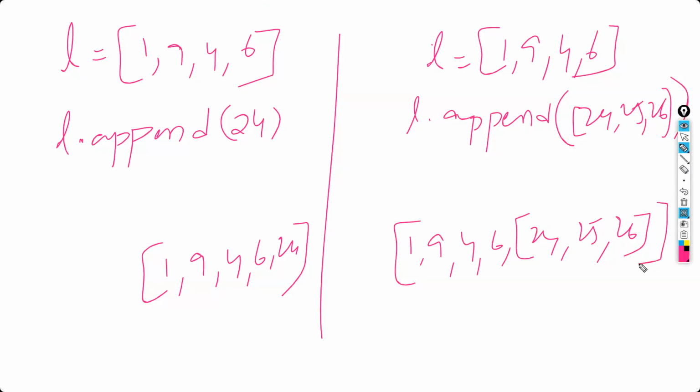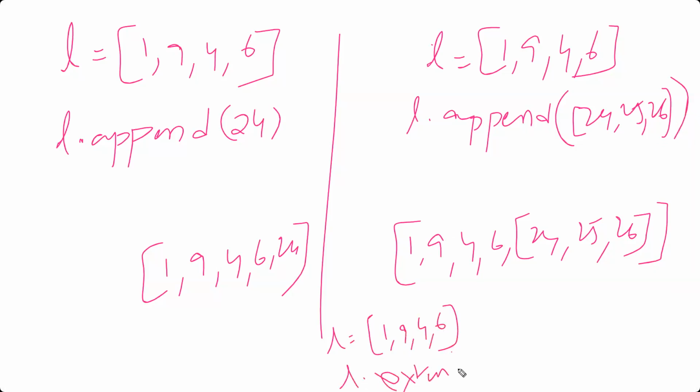Now third one: L is equal to 1946 only, and L dot extend of 24, 25, 26. What is the answer of this one, guys? So 1946 and 24, 25, 26 will be added separately.